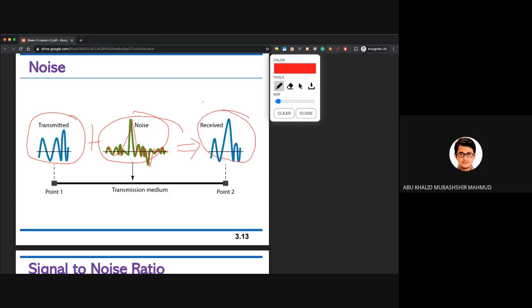So we see what is received is different from what is transmitted. This is what noise can do to our transmission. I hope you get that. So let's move on forward.